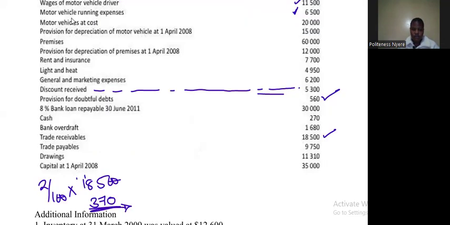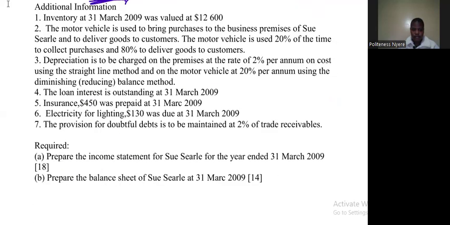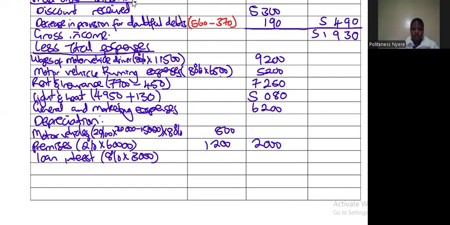We also have to take note of the date, 30 June, and what they said about the loan interest, 31 March. So I guess it's 2,400. Then I think that's it.